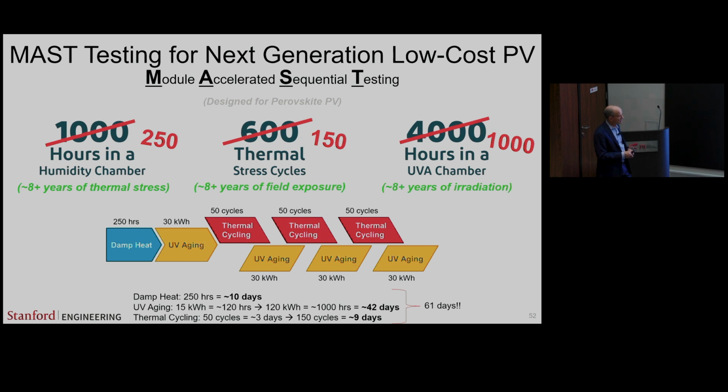So we developed a process now which we've cut down to about 61 days, which we think should represent around 10 years of lifetime, but we don't know for sure. And anybody who tells you that they're doing accelerated testing and this is going to guarantee a certain lifetime simply doesn't know. It's not possible to know until we actually see what the actual mechanisms are, because there are synergistic effects where one mechanism starts to affect another mechanism.